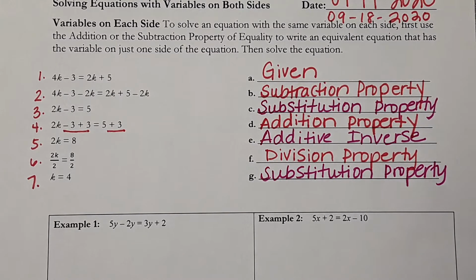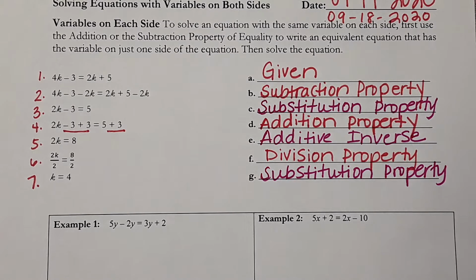Okay, so again, you guys, we're dealing with variables on both sides of the equal sign. A lot of times when I say both sides, people are like, what do you mean both sides? It means you have a variable on the left-hand side of the equal sign and a variable on the right-hand side of the equal sign. Now, when I solve equations, I always move my variable to the left-hand side.